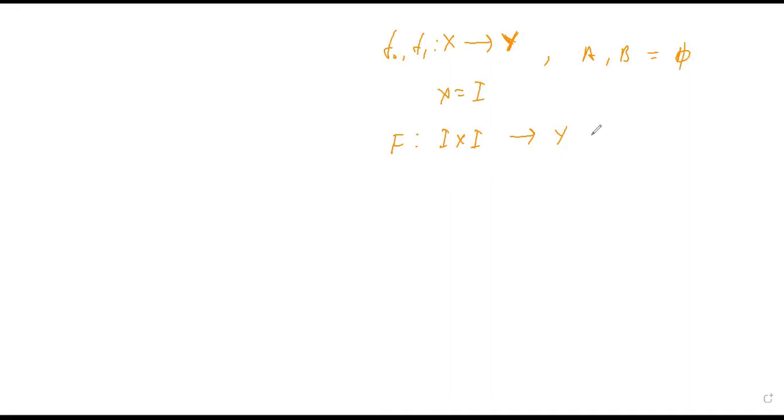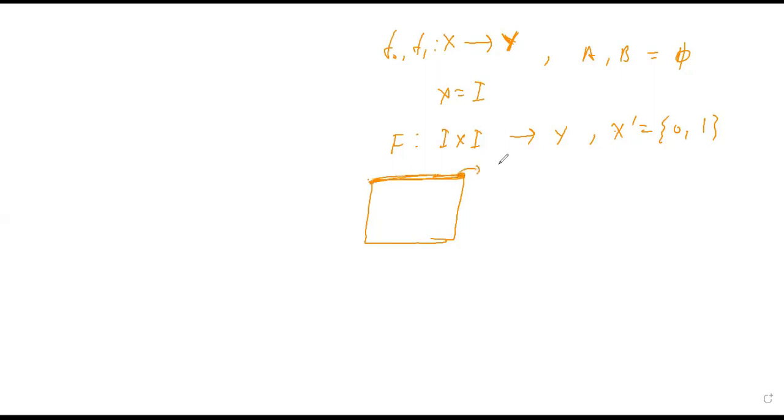And if we consider X prime to be the subset of I, that is I, just 0, 1, then what is I cross I? You can consider this as this square.